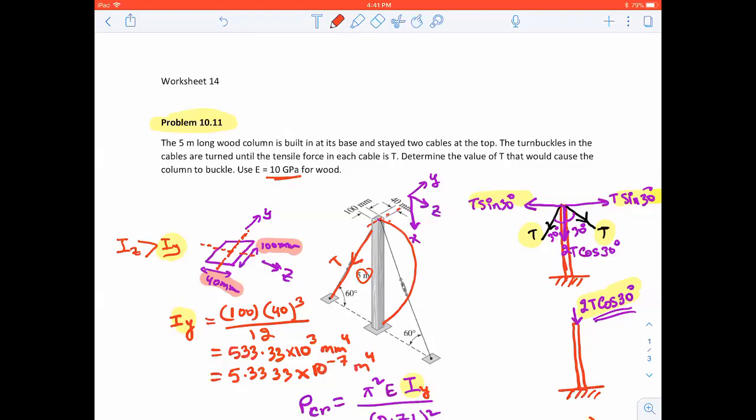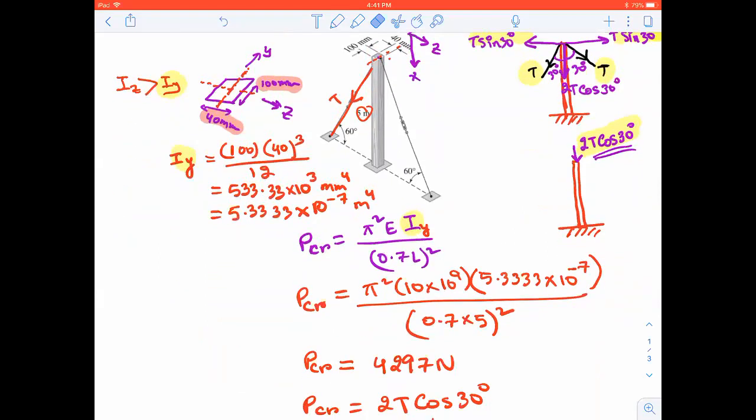That means it is actually bending in the z direction, which is restrained by the two cables that you have. So we are treating it as a propped cantilever.